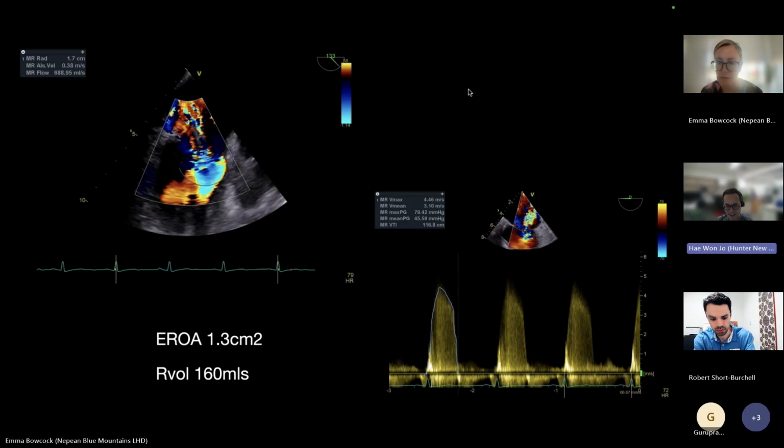So double check that. Sorry, I'm rambling a bit. And the measurements we got based on these suboptimal images are an EROA of 1.3 and a regurgitant volume of 160 mils. So they are definitely in the severe category.